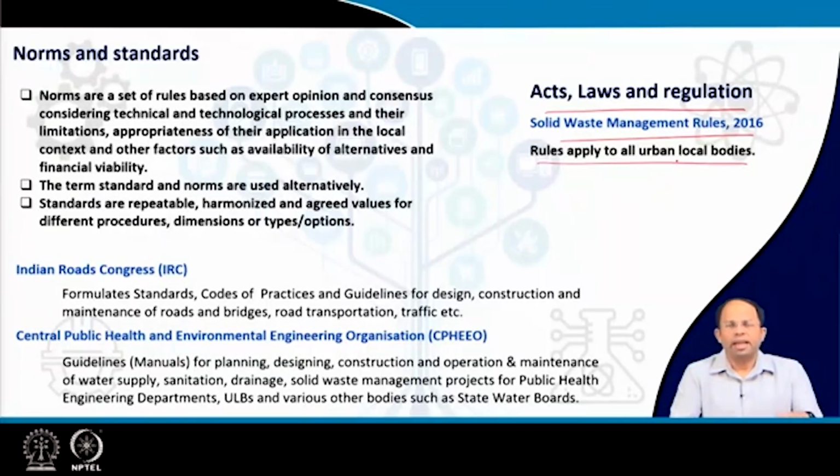And then certain techniques have certain limitations, they should not be applied somewhere. So, these are also guided by experts on where they have to be provided or not. And similarly, what are the alternatives which are appropriate for a particular area, these are also suggested via these norms and standards.